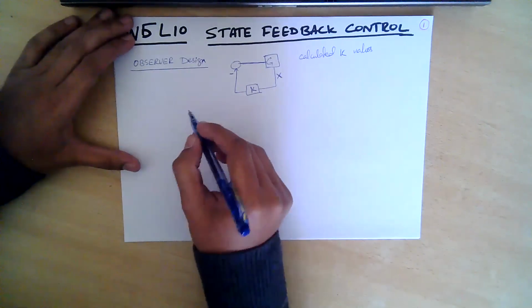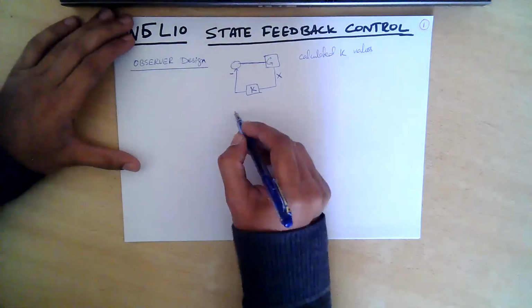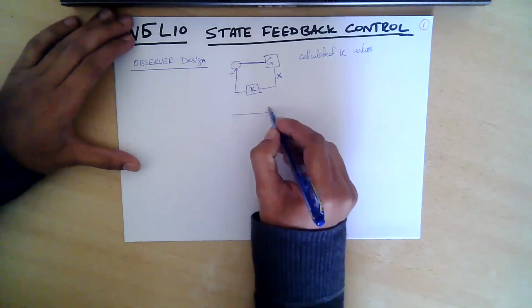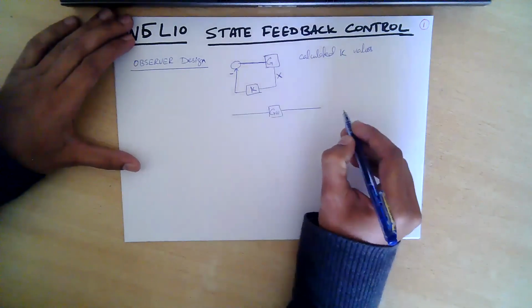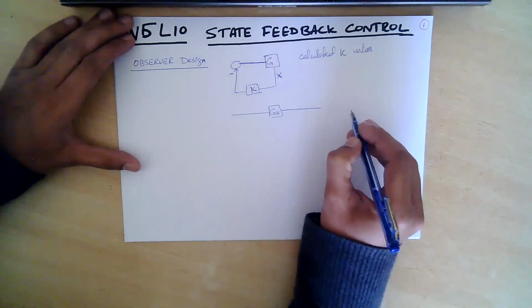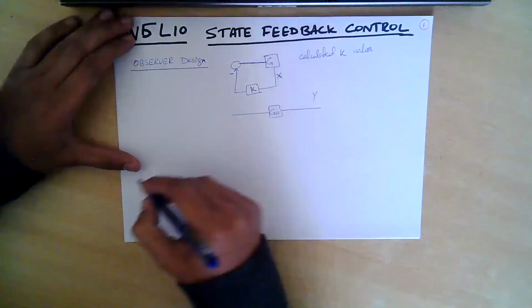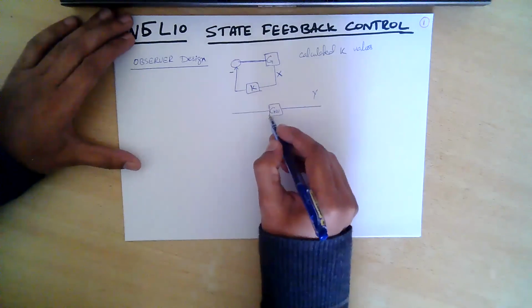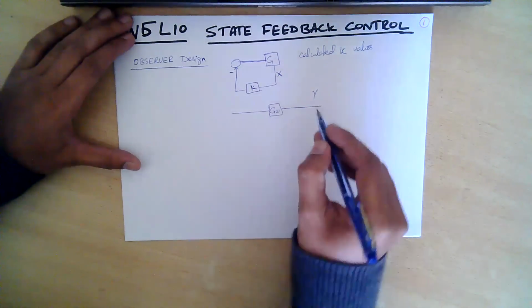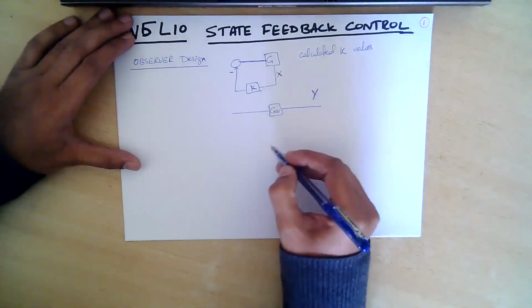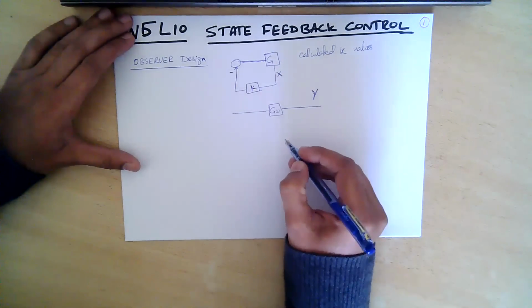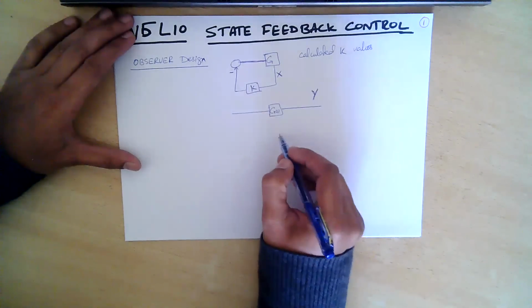Then what we do means, we have a system like this, G(s), and we got the system output Y. And we don't have access to the system states, but we are measuring the output of the system, and we want to implement the state feedback control.